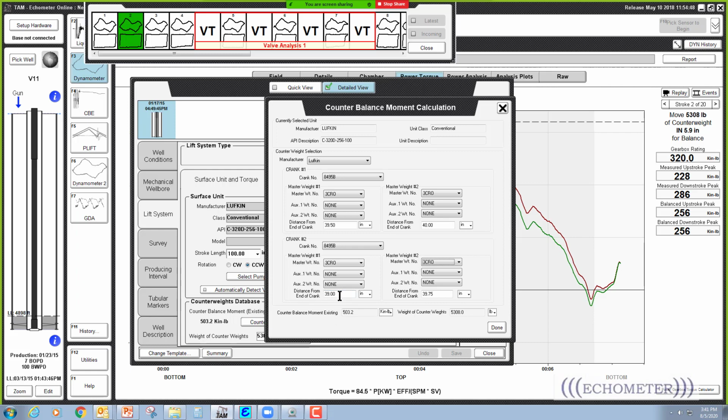Oh, we made it farther in, so there's less moment before. So this distance from the end, I made it 43. That means the weights are farther in, and that means that this should go down. And if we put it back to 39, it should go up because they're farther out on the crank. Okay.